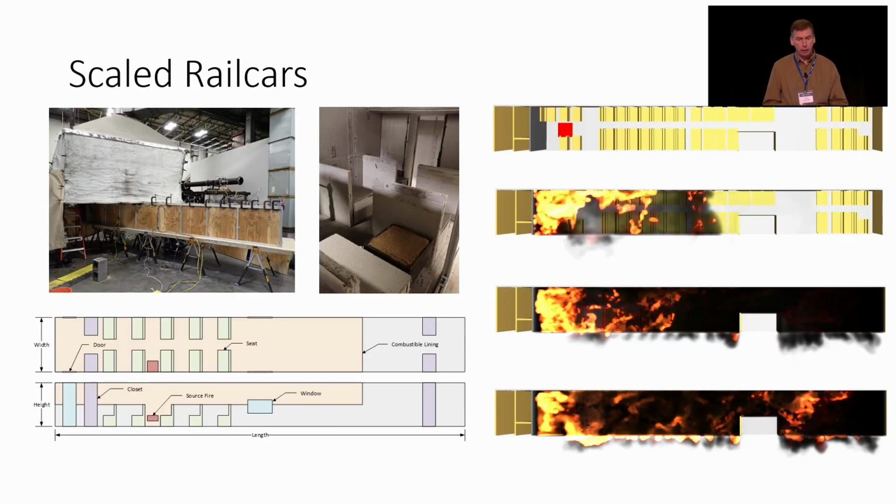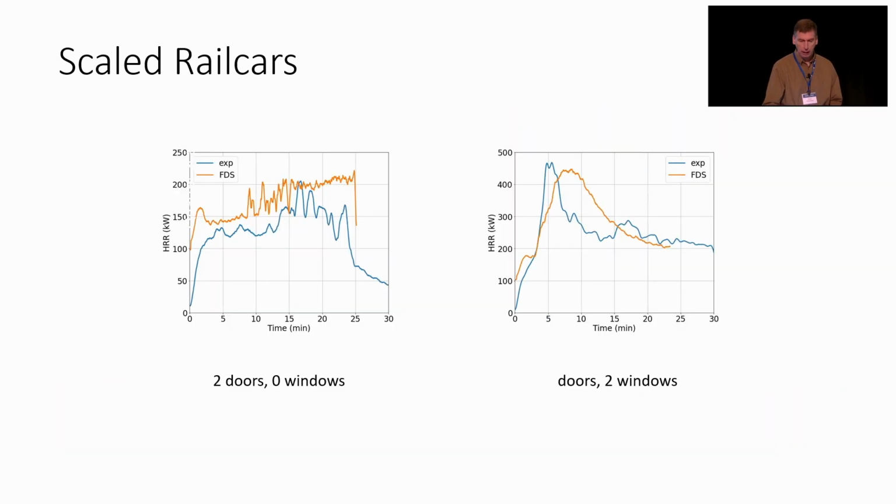I'm just going to point out here that this has been used by Jonathan at Jensen Hughes, where they were looking at fires in scale-down rail cars and applying the same principle of taking small samples, running the cone calorimeter on them, and then putting them into FDS. And some of the results you can see here.